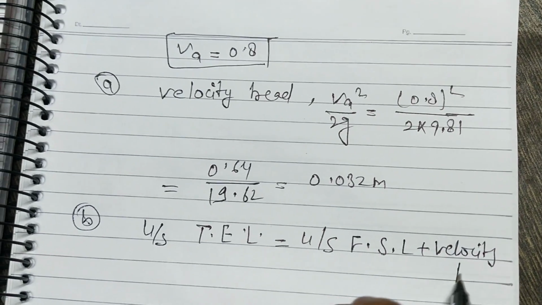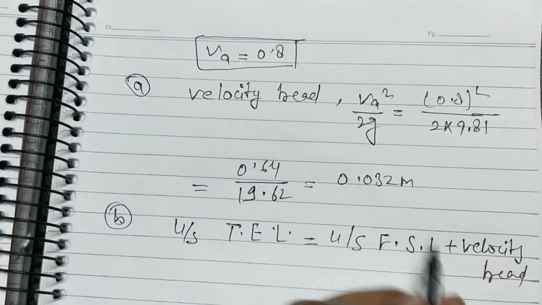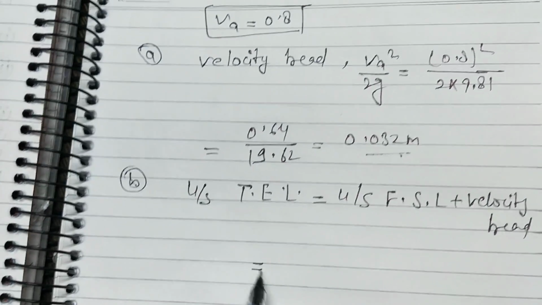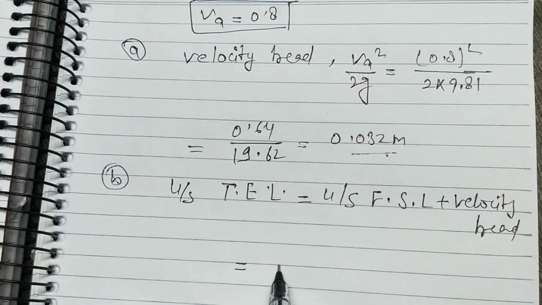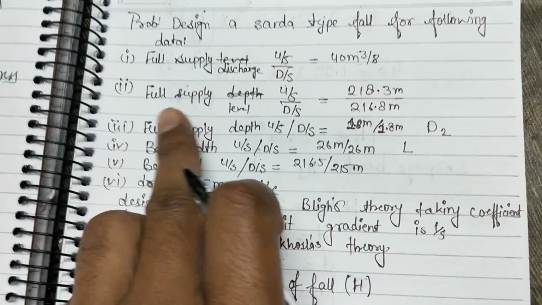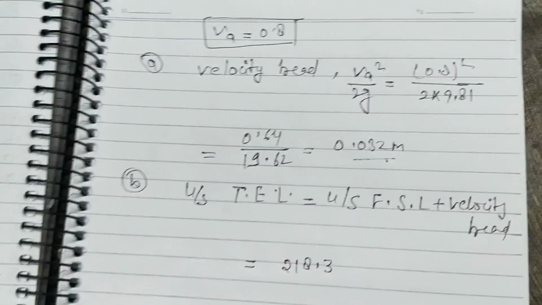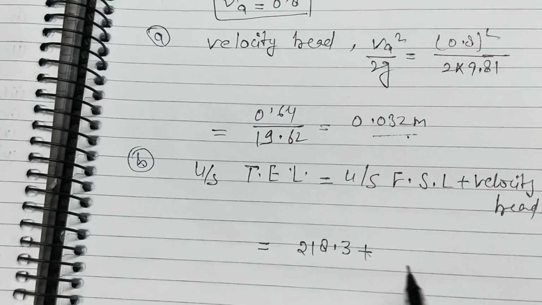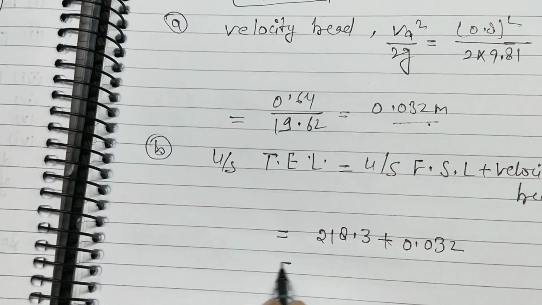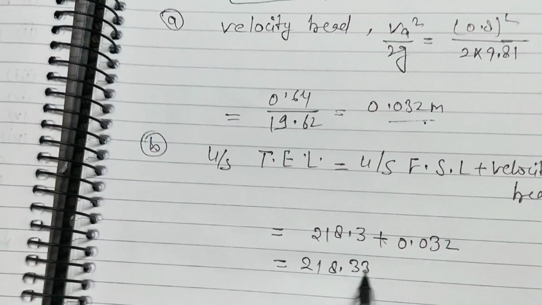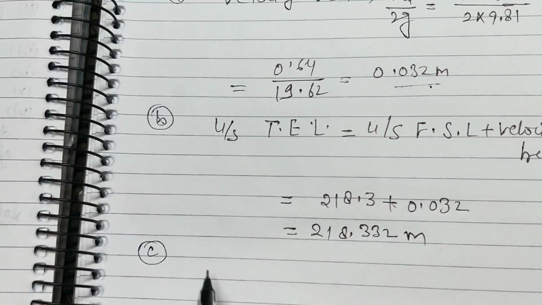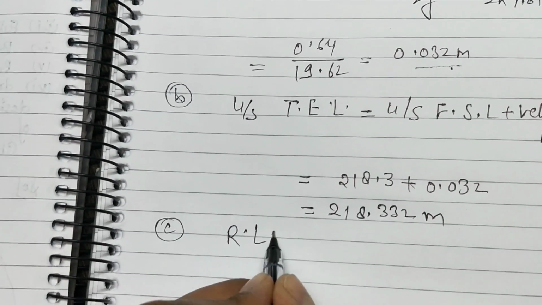Upstream FSL is 218.3, plus velocity head 0.032, which gives 218.332 meter.